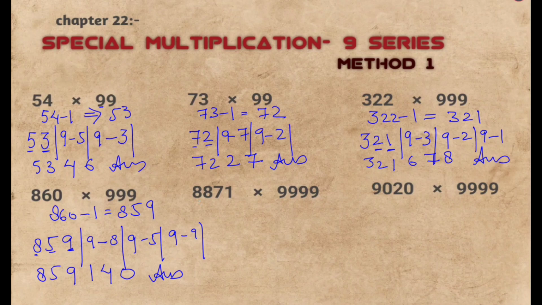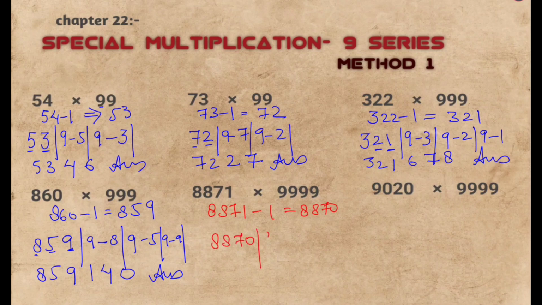Now let's take a 4-digit question, which is 8871 multiplied by 9999. Now minus 1 from 8871, which gives you 8870. Now write 8870 over here.